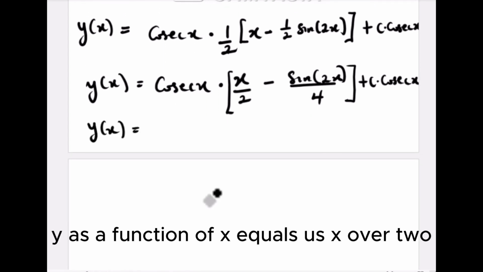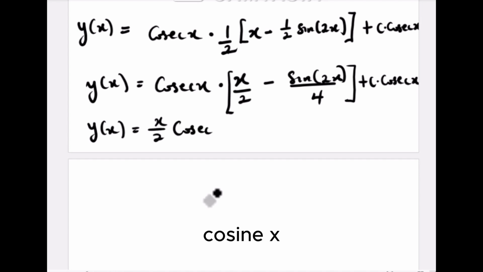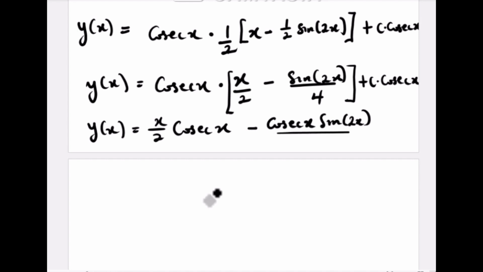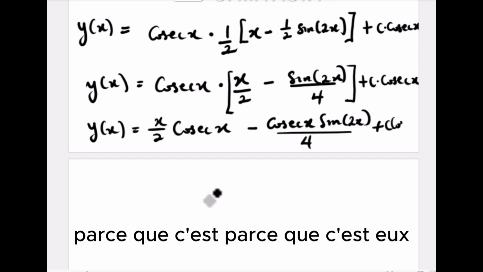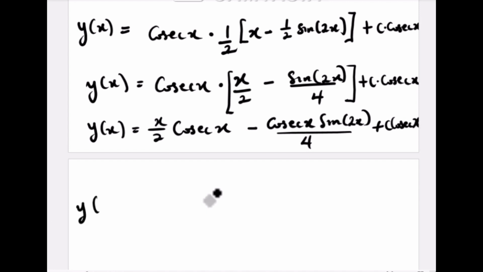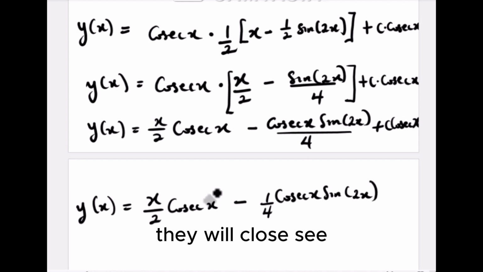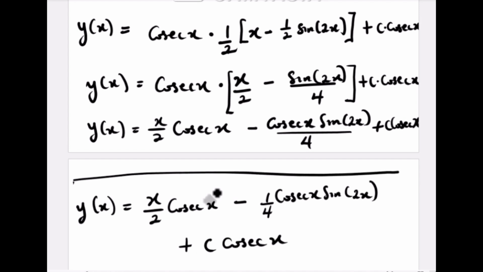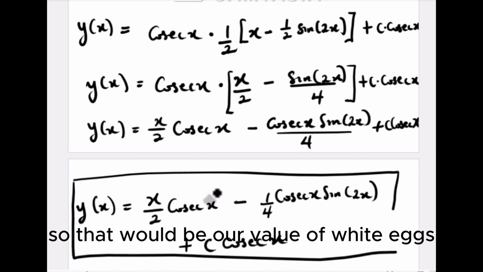So y as a function of x equals x over 2 cosec x minus cosec x sin 2x over 4 plus c cosec x. That will be our value of y(x).